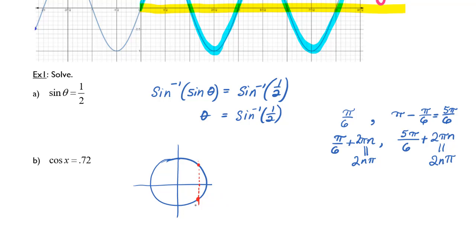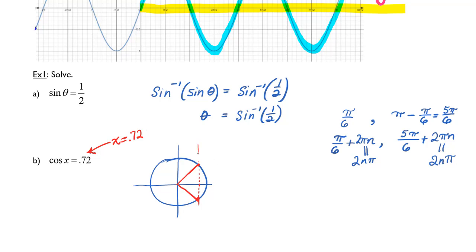If you think about this, we will have values in the first and fourth quadrant for x positive. So this value represents x, and x is equal to 0.72.